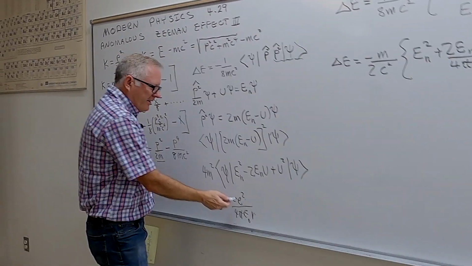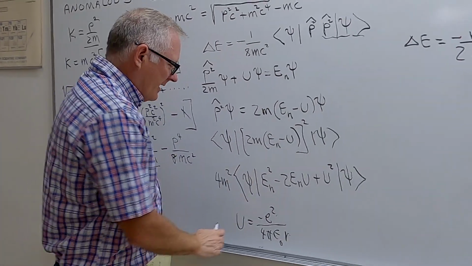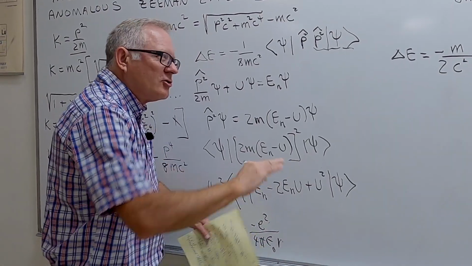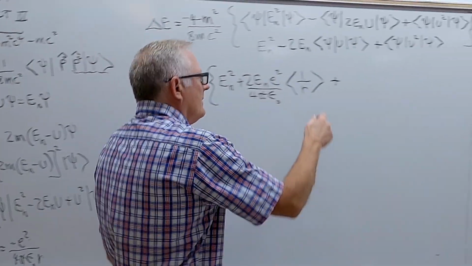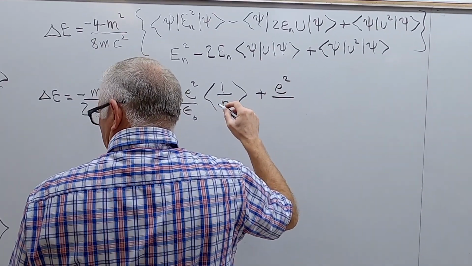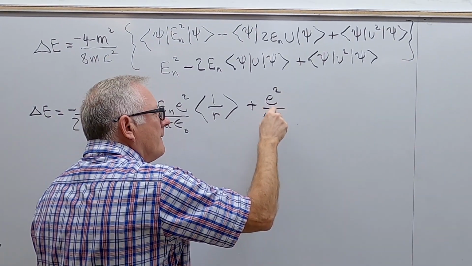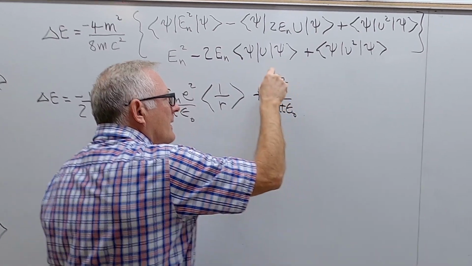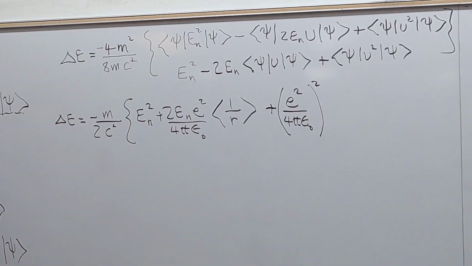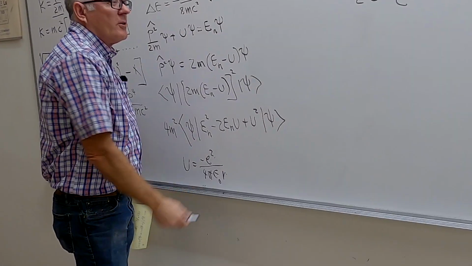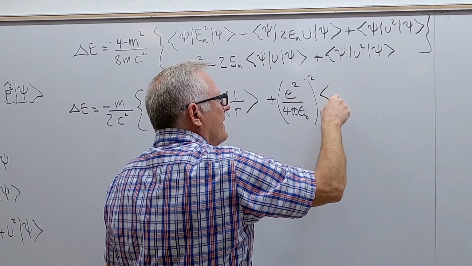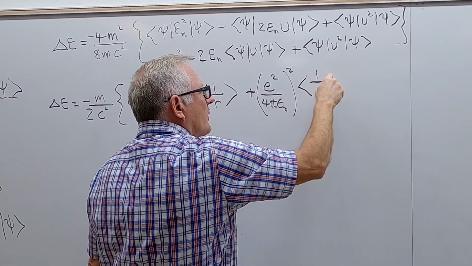Well, if I square this, it's back positive, and it becomes e squared over 4 pi epsilon naught, all of that squared. And then this would be a 1 over r squared. You're just left with the expectation of 1 over r squared there.